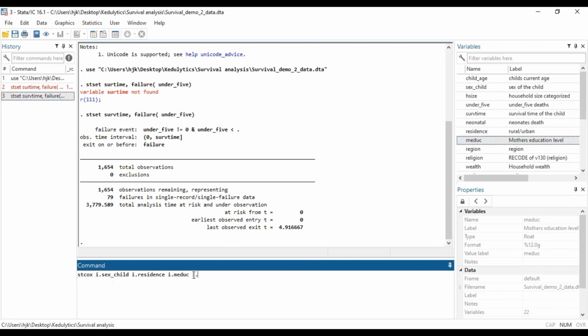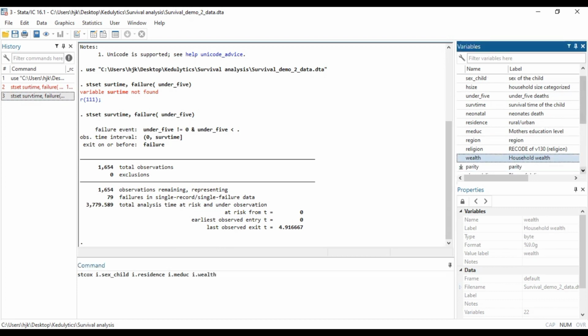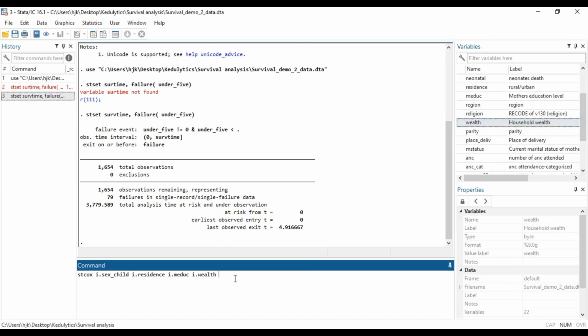We are also interested in the wealth status of the household, the place of delivery, and the mother's marital status. With this, we also want the base level to be displayed. And so we are going to run this. Now, as I mentioned, getting to the end of the video, you are going to learn a very important thing. So we encourage you to stay so that you can learn that.